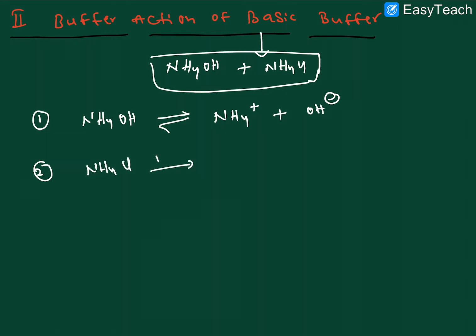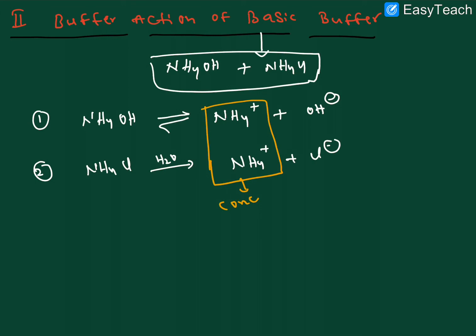Then ammonium chloride is a strong electrolyte; dissolved in water, it gives ammonium ions plus Cl minus ions. Observe one thing here: the common ion effect is also there.